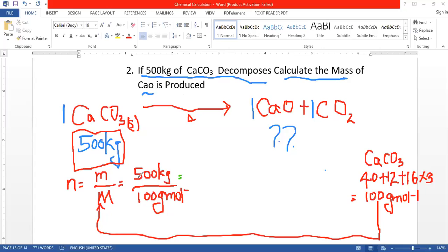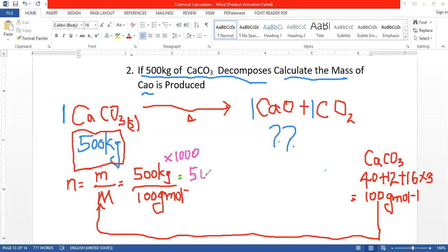So this 500 kilogram should be changed to gram. You should multiply by 1000.